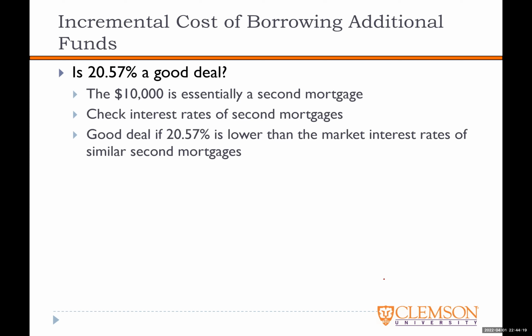So the question is, is this a good deal? Well, how do you assess whether this is a good deal? Instead of getting a $90,000 loan, you can get a second mortgage for $10,000 at the market rate, and also borrow the $80,000 loan at the lower interest rate.